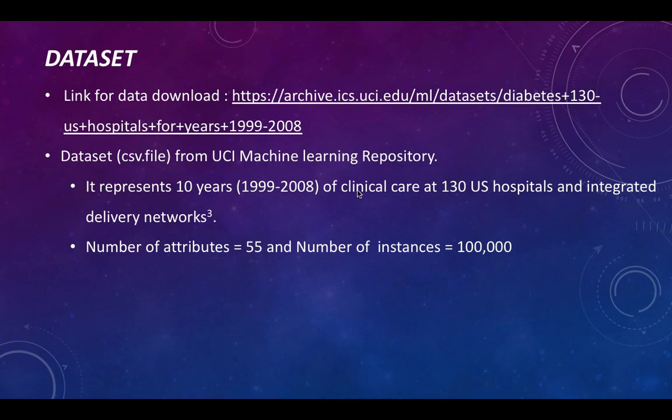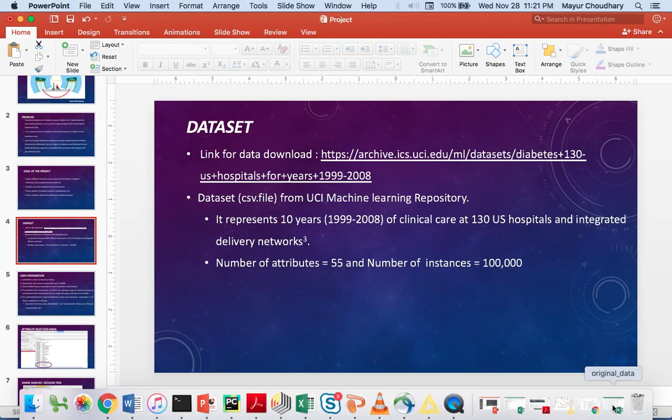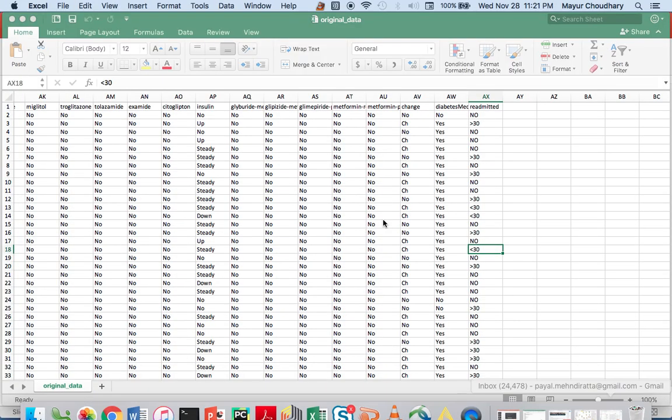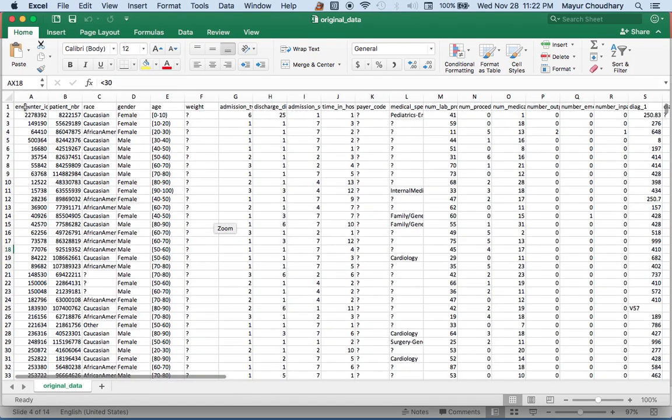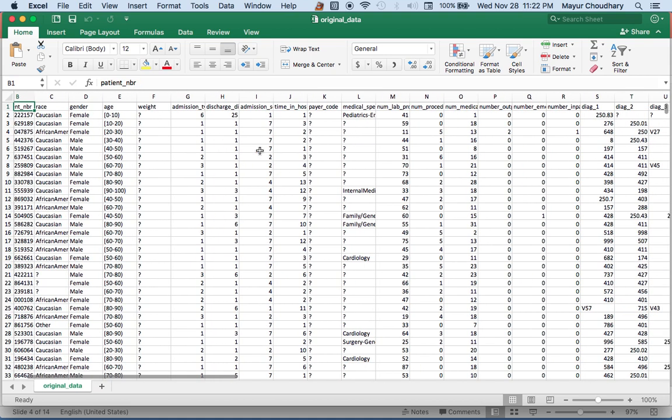Before I show you my data preparation steps, here is the original data. As you can see here, there are certain IDs like encounter ID, patient number, then followed by some demographic information, then some kind of ID, admission ID, discharge ID. Admission ID refers to whether somebody came through emergency or through referral.